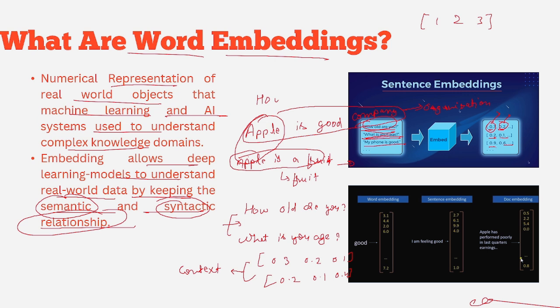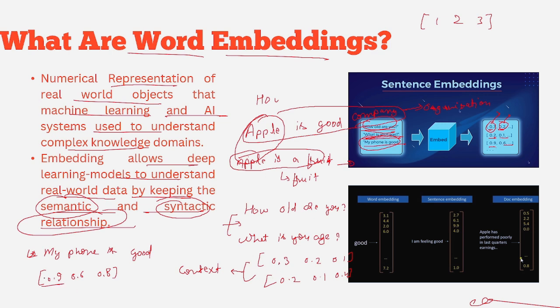And the third sentence is, my phone is good. Here you can see that the vector represented is 0.9, 0.6, 0.8.